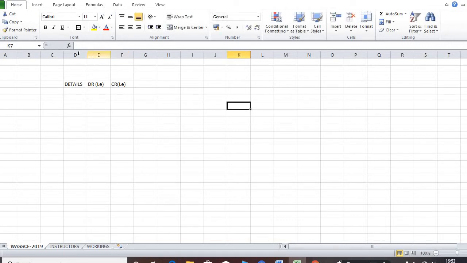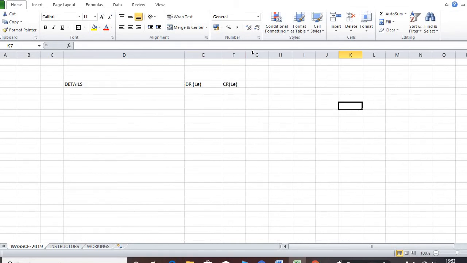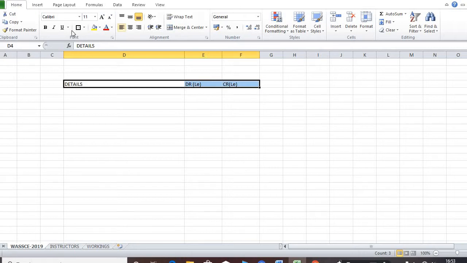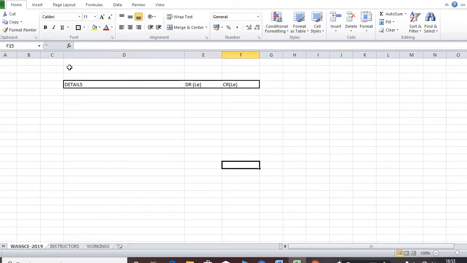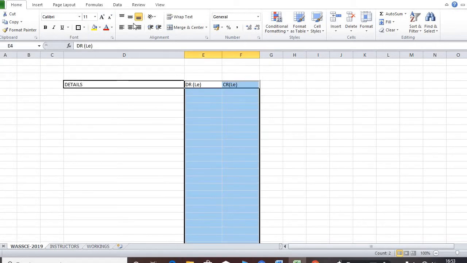So let me expand my journal. I can expand it like this. This is my journal that I'm going to use.